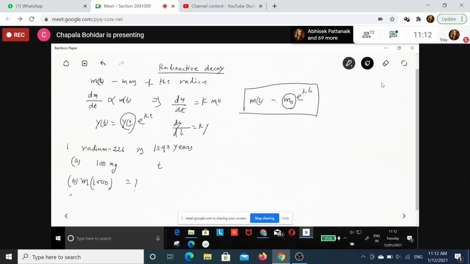Then C. When will the mass be reduced? Yes. Can you repeat part B? Find the mass after 1000 years, correct to the nearest milligram.